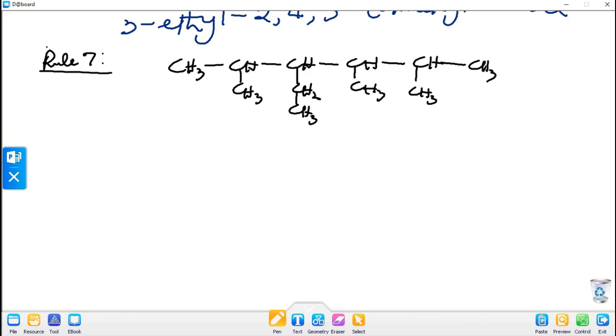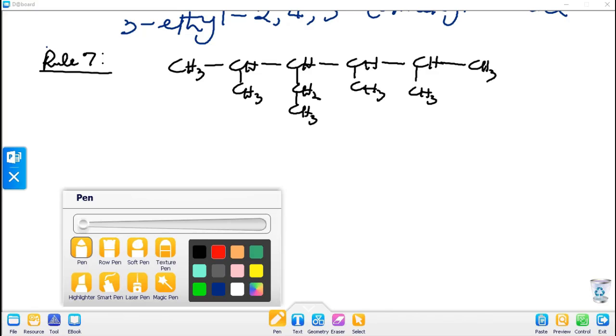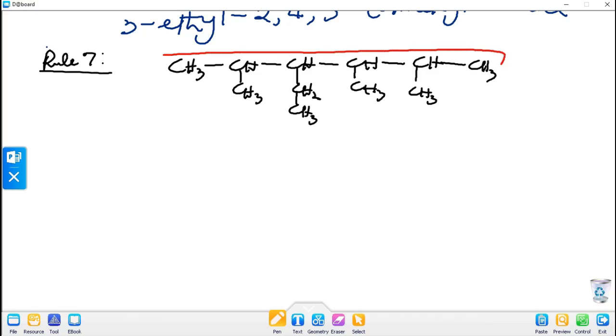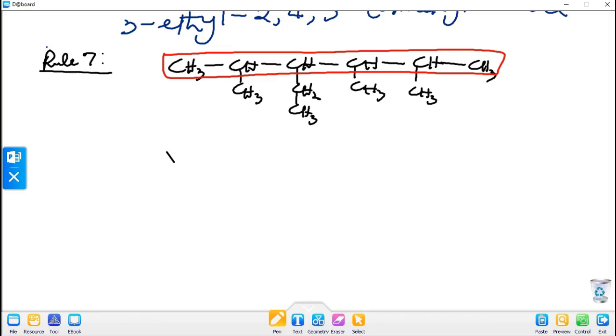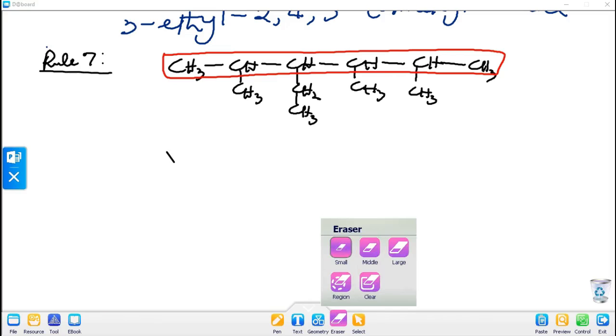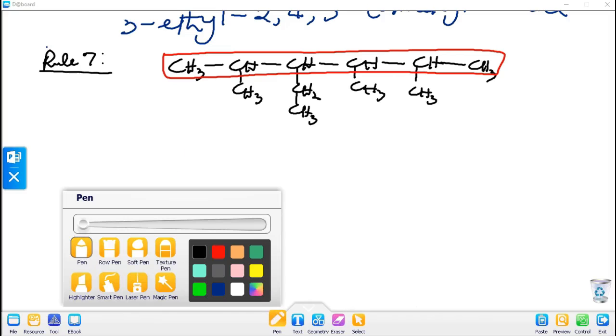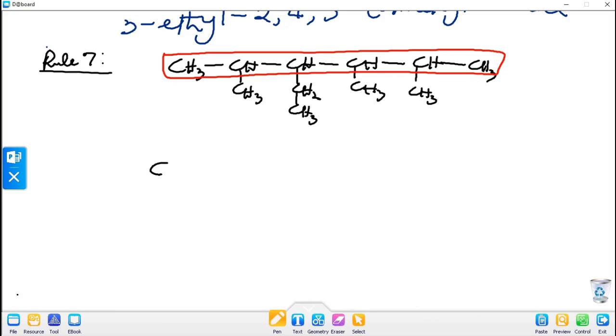Now looking at that compound, what is the parent chain? It is clear that the parent chain can be the straight chain. Now this is one counting. Let us look at another way we can get our parent chain. If we choose to go like this, now another student may choose to go this way, CH3.